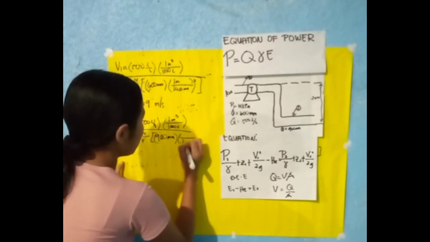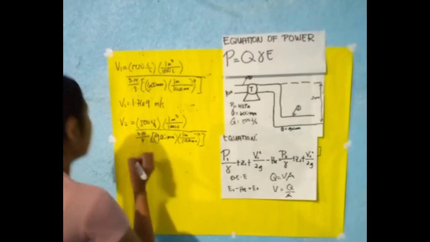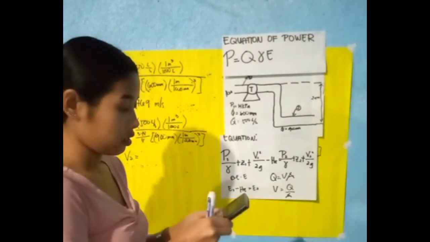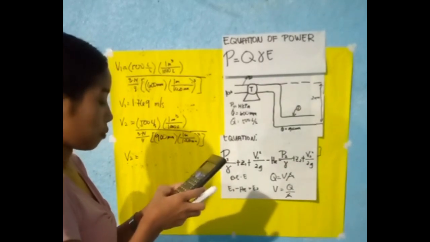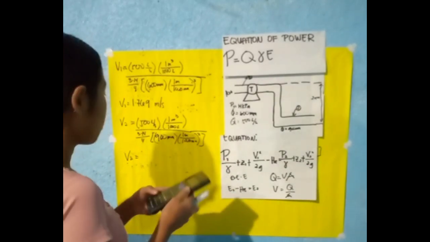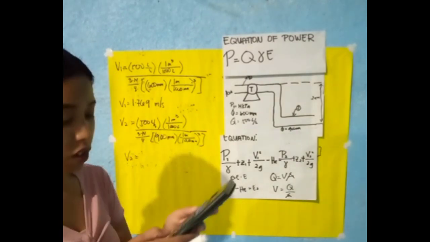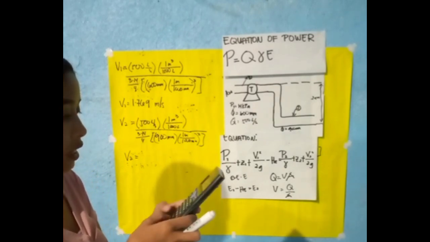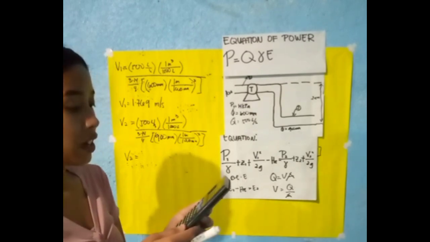So, convert 1,000 millimeter 1 meter squared. So, calculate natin siya. 500 divided by 1,000 divided by 3.14 times 4. 900 divided by 1,000 is equals to 0.9. So, divided by 0.9 squared natin. So, the result is 0.786.